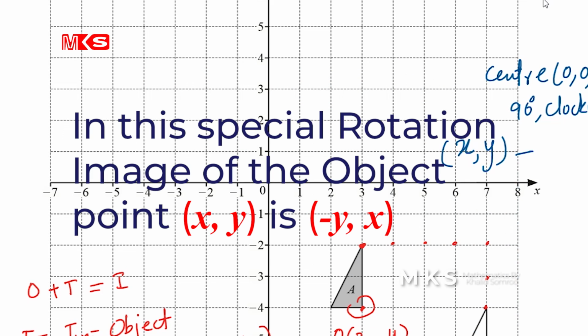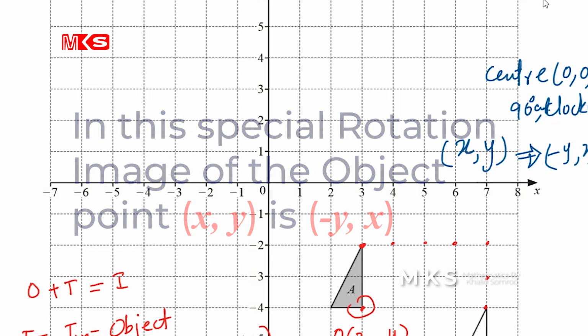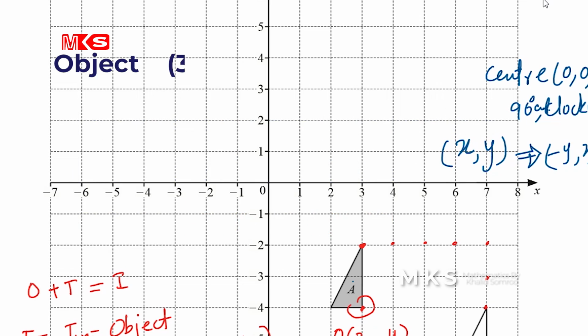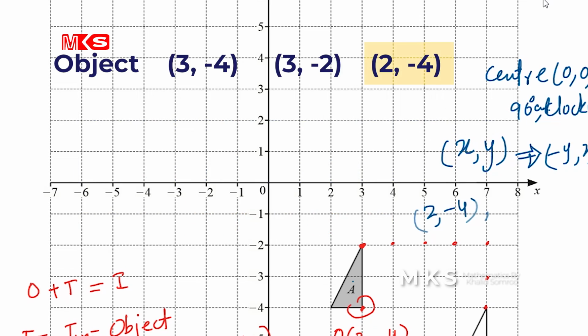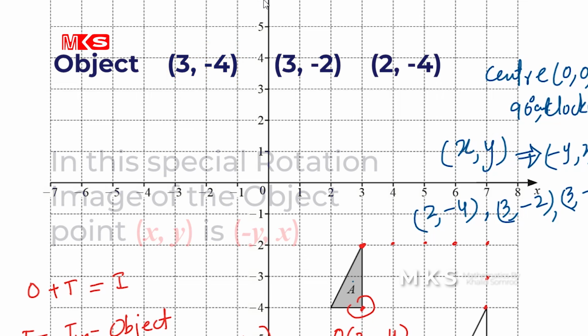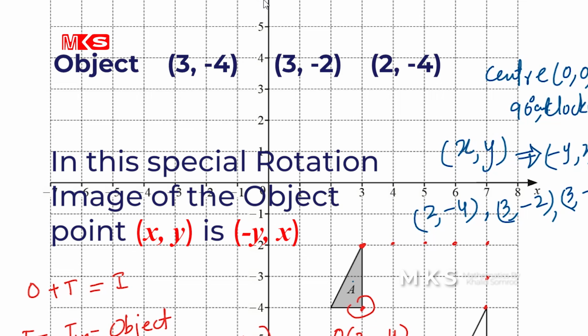If you remember, the object (x, y), when rotated through 90 anti-clockwise about the origin, becomes (-y, x). So if the object is A, the three coordinates are (2, -4), (3, -2) and (3, -4). These are the coordinates of the object. Under this transformation, (x, y) becomes (-y, x).